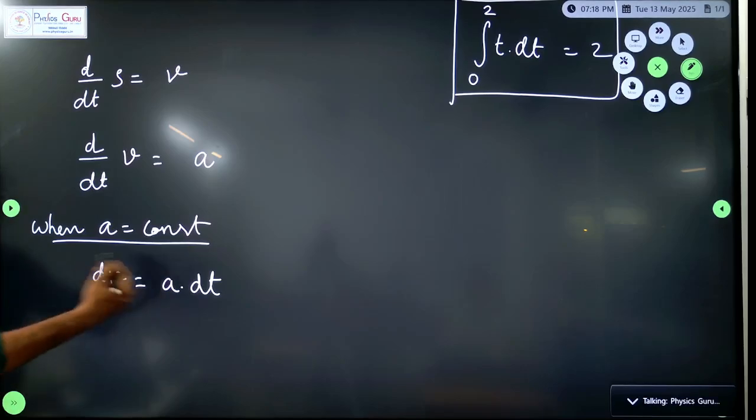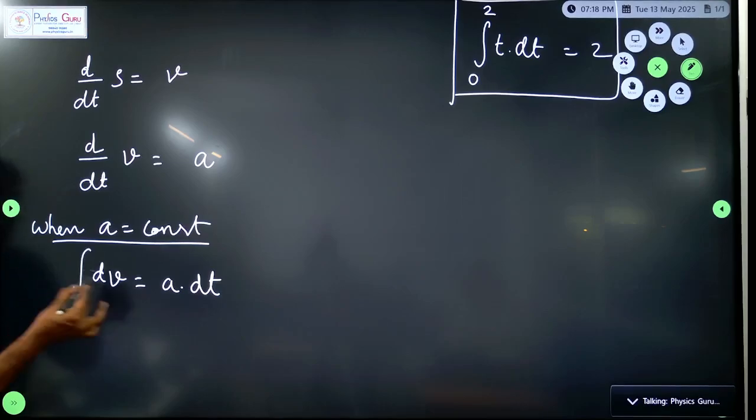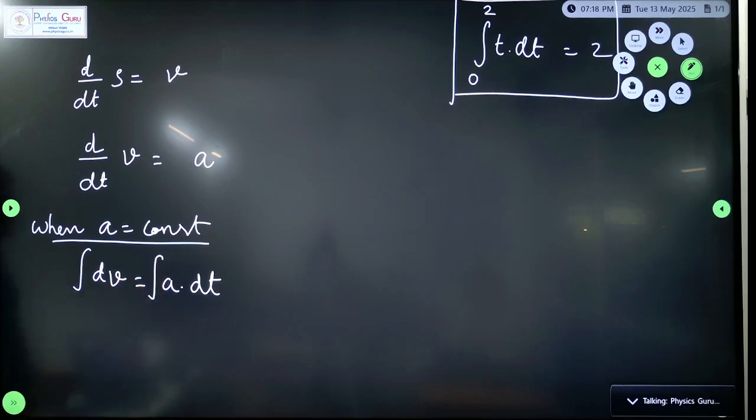Now left hand side and right hand side, both values are changing. Whenever the values are changing, we use a mathematical tool to stop the variation. What tool is that? Integration. I integrate it on both sides. Correct? So here on the left hand side, which quantity is changing?